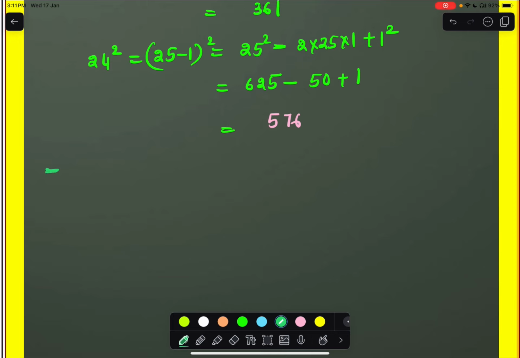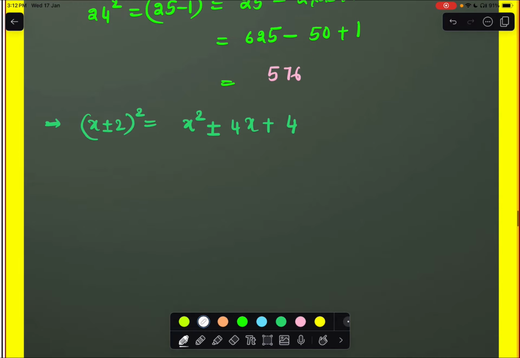And similarly, numbers of the form x plus 2 or x minus 2 whole square now give squares of all numbers automatically, right? And here also a square, plus or minus: plus case we take plus, minus case minus. And the 2ab value, 2 into x into 2, will get 4 times x, plus 2 square value, which is 4. This is a number. So how can we calculate it?